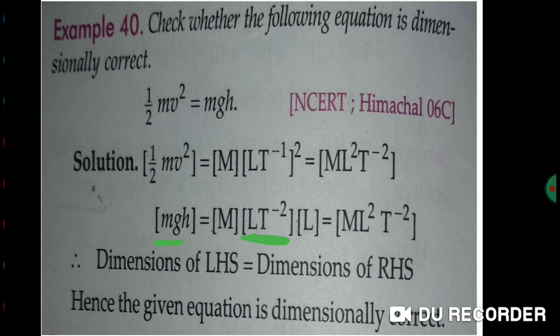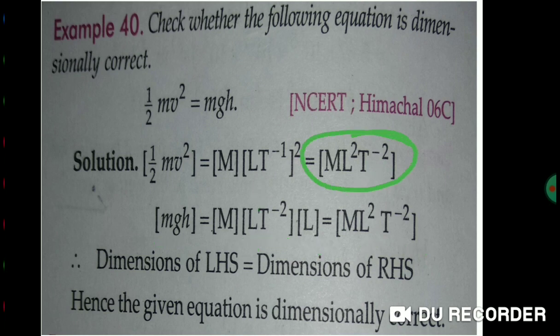And h is what? Height, and height is measured in terms of length, so L. So now M, see there are two L's, so the powers add, 1 plus 1 is 2, and T^-2 stays as it is.